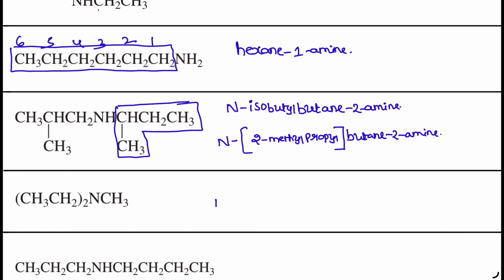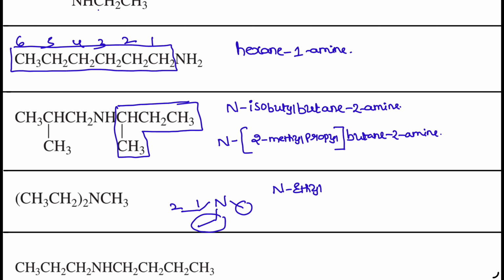Next one, it is a 3-degree amine, methyl group, ethyl group, ethyl group. So obviously either this or this you have to take. So this is the first carbon, this is the second carbon, and there are two branches, both attached to nitrogen, alphabetical order.